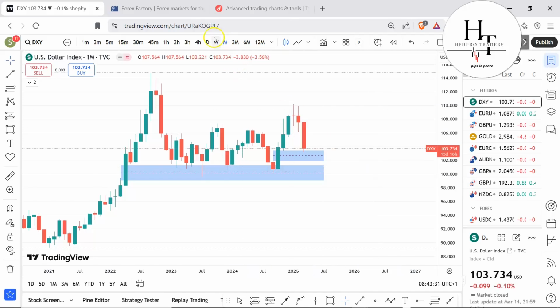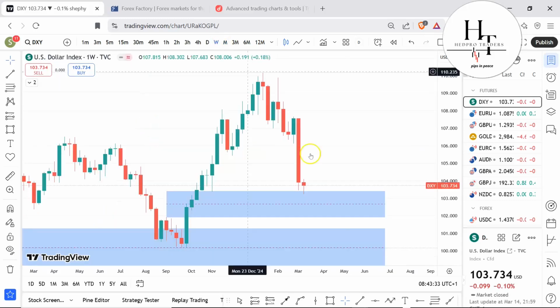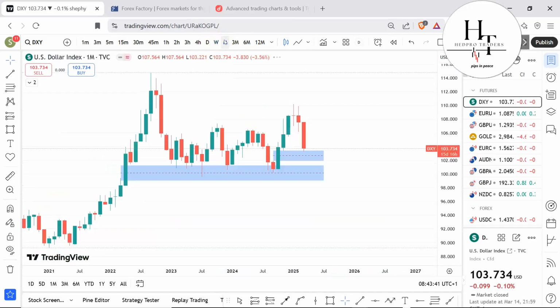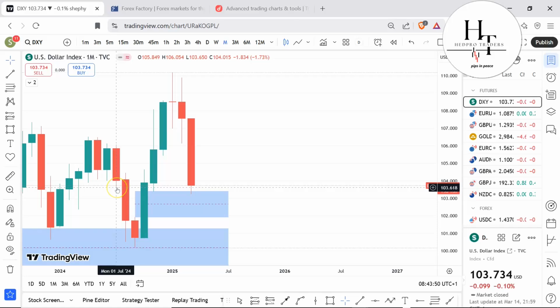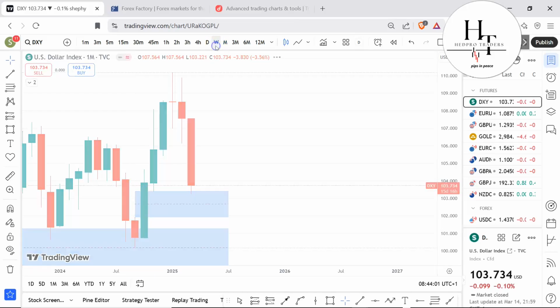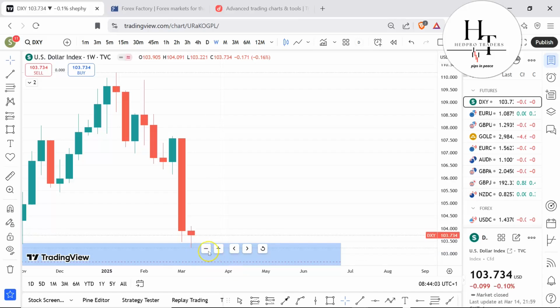So let's quickly look at the weekly charts. Now this is the monthly fair value gap, and you can see that price is somehow rejecting from it. The reason why price is rejecting is because if you look at this price action here, price created a gap here, and this next candle traded right into this gap to balance that zone, and it would impact price when price hits that zone.